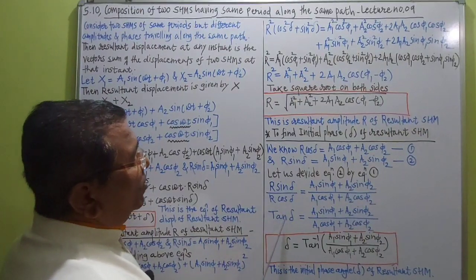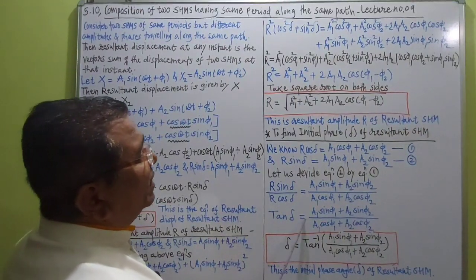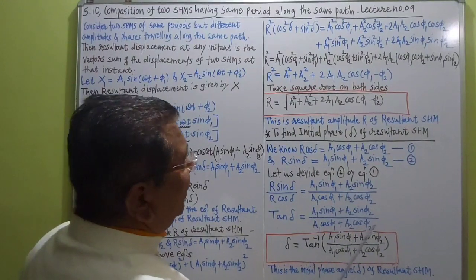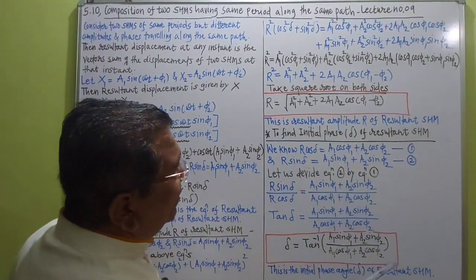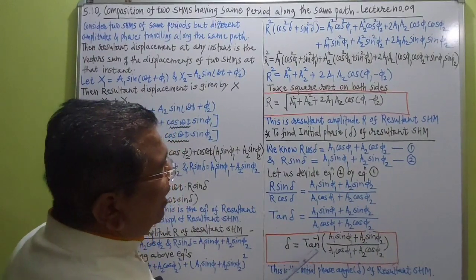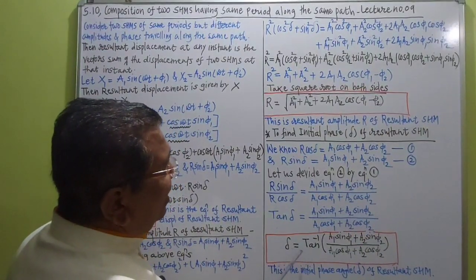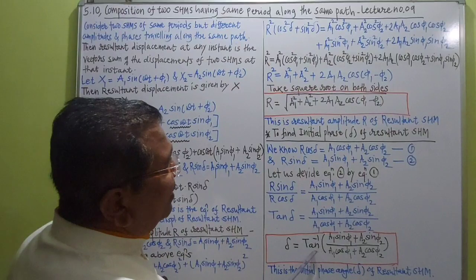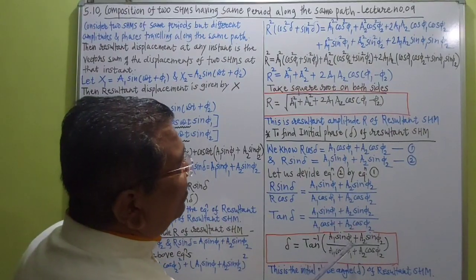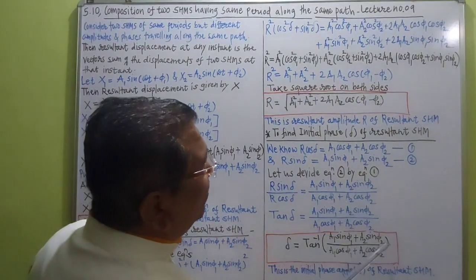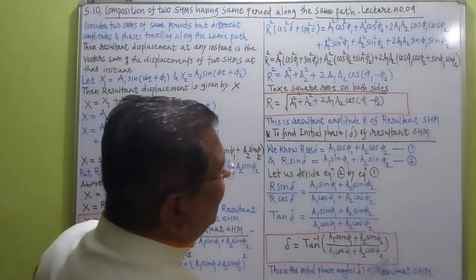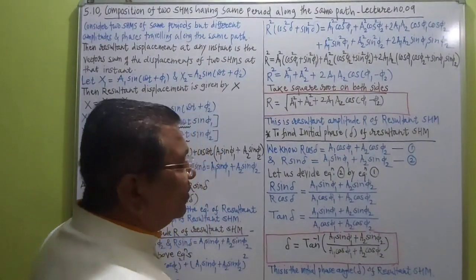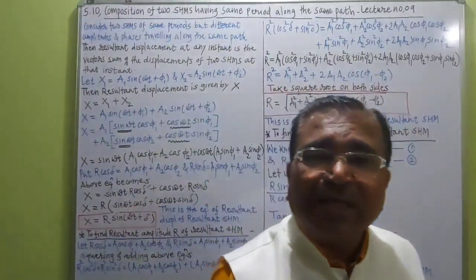Sin delta upon cos delta is tan delta, and this term remains as it is. When tan is transferred to the RHS, we get tan inverse, so delta is equal to tan inverse of A1 sin phi 1 plus A2 sin phi 2 upon A1 cos phi 1 plus A2 cos phi 2. And this is the initial phase angle of the resultant SHM.